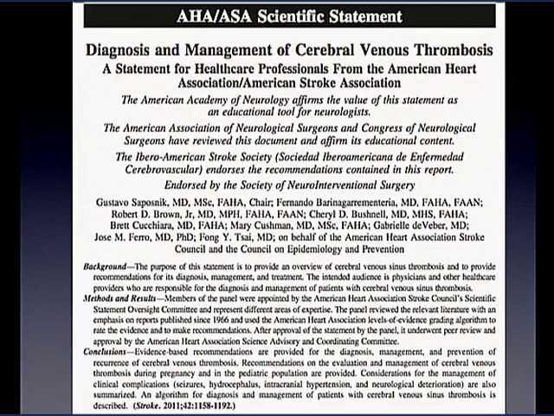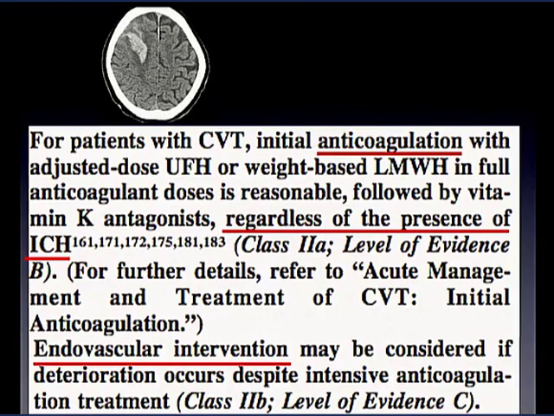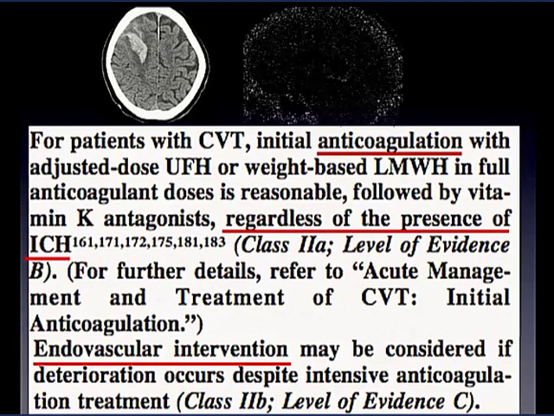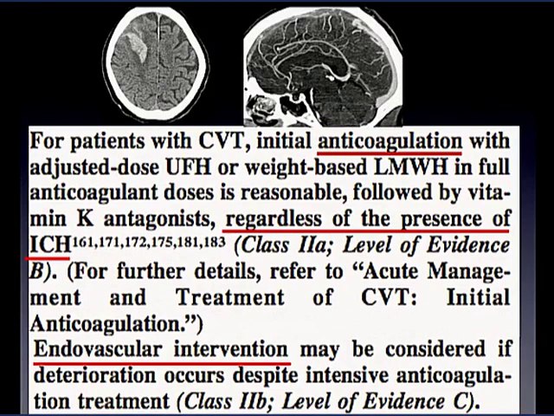So just to come back to that concept of the cerebral venous thrombosis, there are guidelines regarding this, and what you might see in a board is a patient that comes in that may be dehydrated, often pregnant, who has a hemorrhage like this, and then if you look at the CTV, so the venous phase of the CT scan or an MRV, you can see this blockage of the sagittal sinus here.